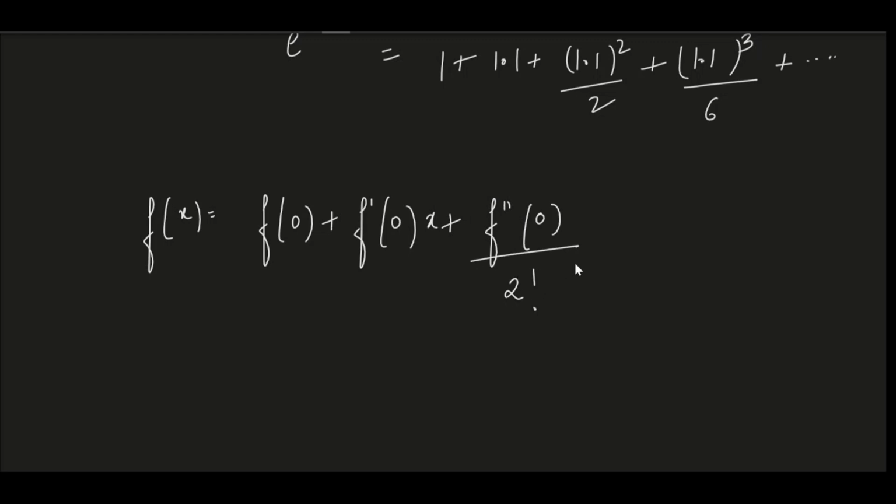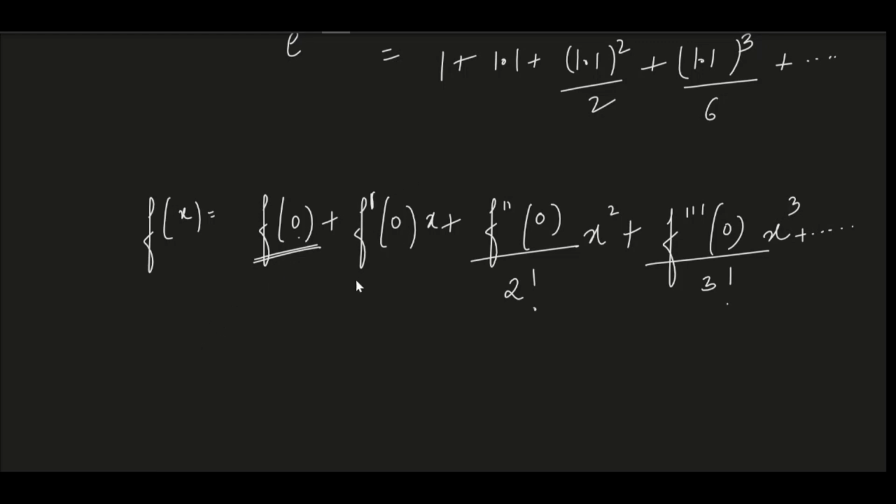No need to worry that this is a very big expression, because you have your formula booklet for that, and even if you try to understand the formula, you can easily find the Maclaurin series for any complicated function. Here, f of 0 denotes the function value at x equals 0.